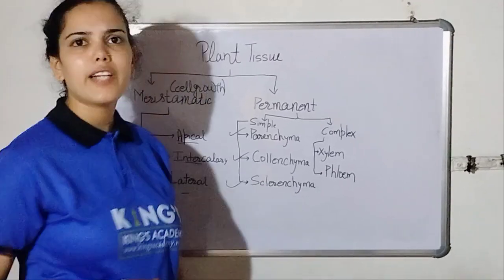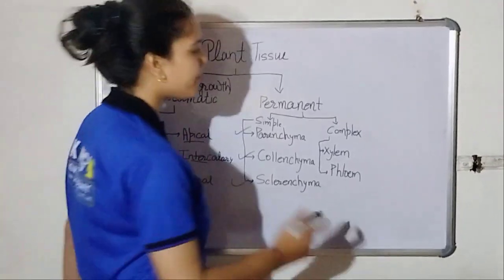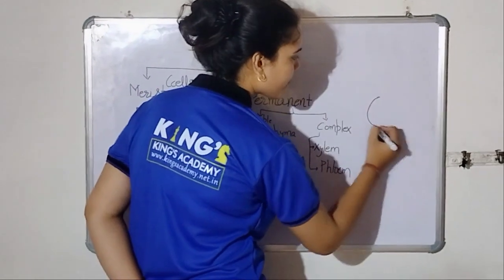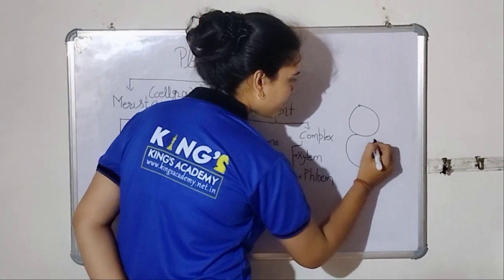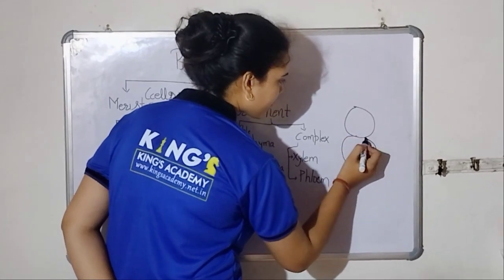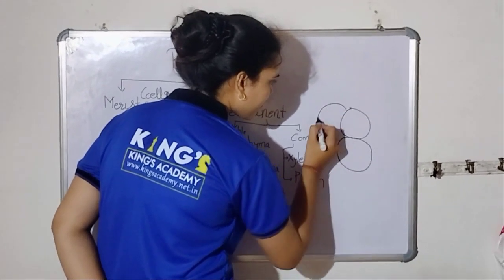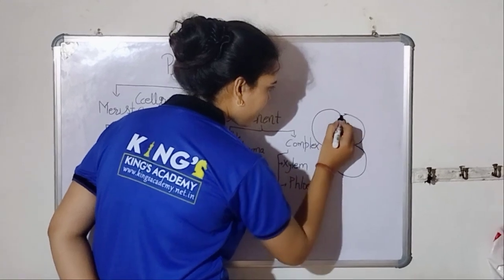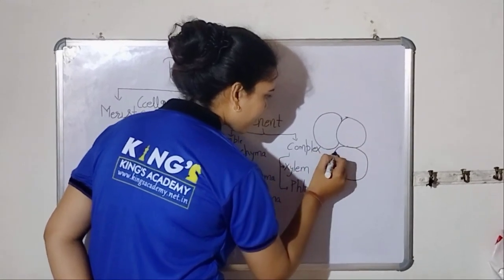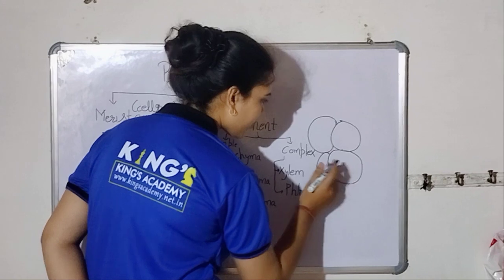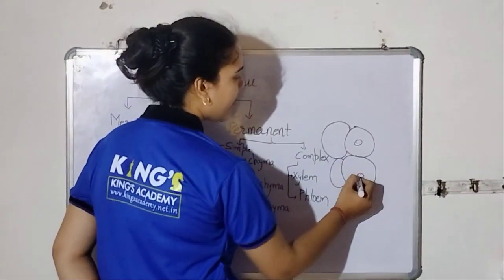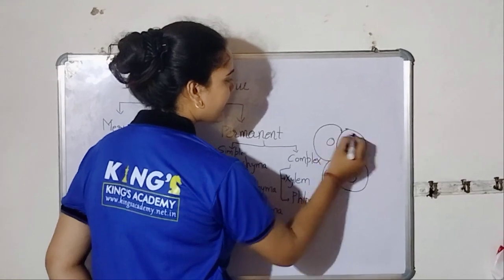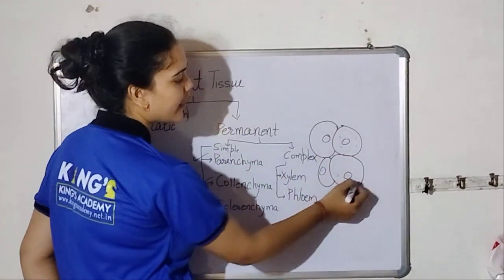So I will draw the diagram of this parenchyma cell. This is simply a basic parenchyma cell, in the center having a nucleus and all other cytoplasmic content.